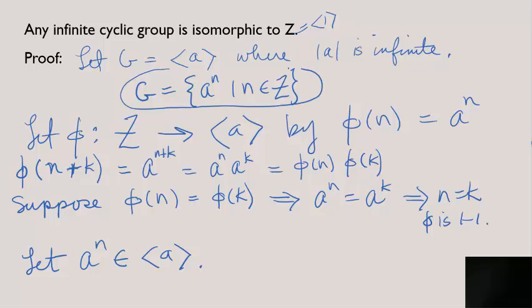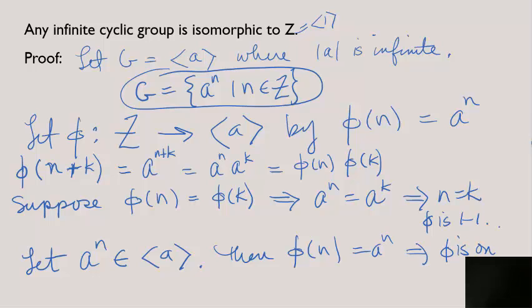We know that the definition of G is the set of all integral powers of A. So phi of n equals A to the n implies phi is onto. So that was really easy. So we've got one-to-one, onto, and operation preserving, and we can conclude, therefore, an infinite cyclic group is isomorphic to Z.